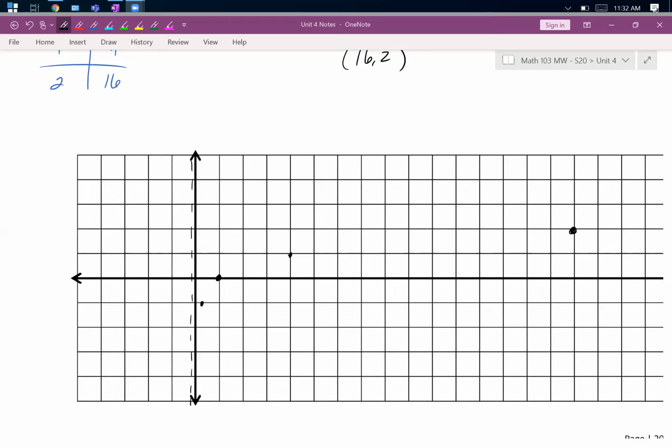One end of our graph has to tend towards the asymptote. It's going to be the end that's already really close to the asymptote. There we go.